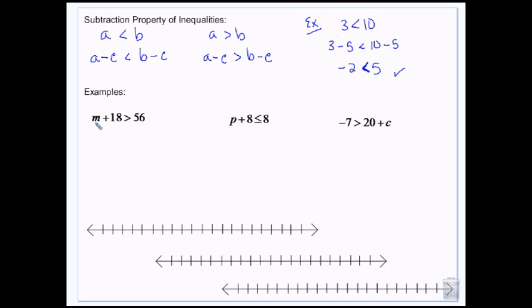So m plus 18, they added, so I subtract. And I get m is greater than 38. In set builder notation, m such that m is greater than 38.